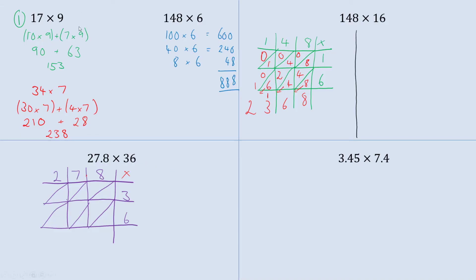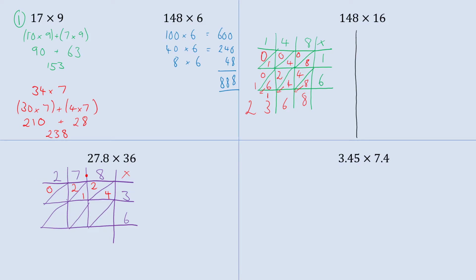So what did we do? Well, we looked at doing the multiplications for each of the individual boxes. So let's do that. I've got 8 times by 3, which is 24. 7 times by 3, which is 21. 2 times 3, which is 6.